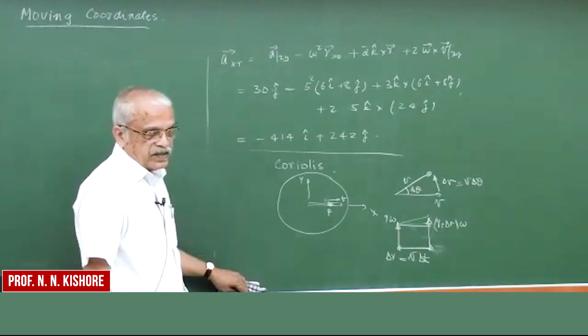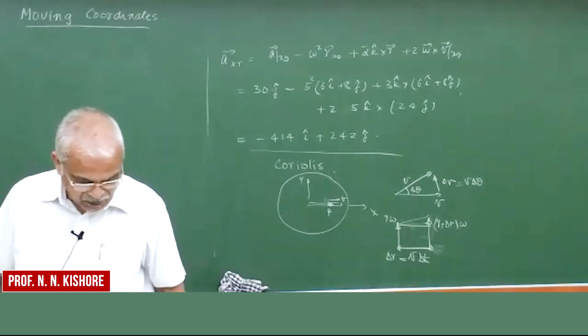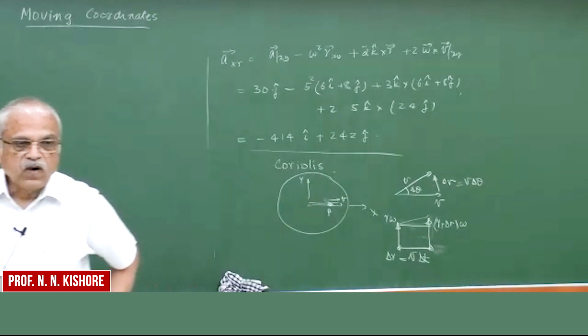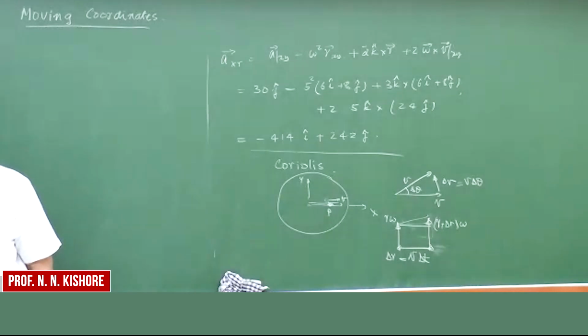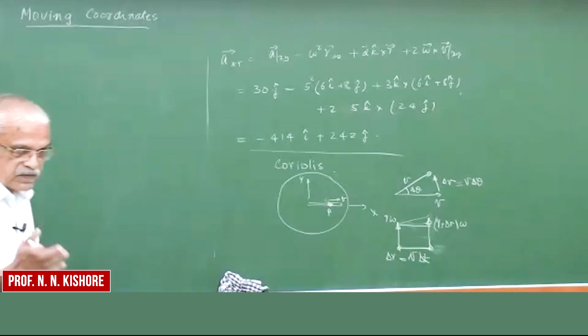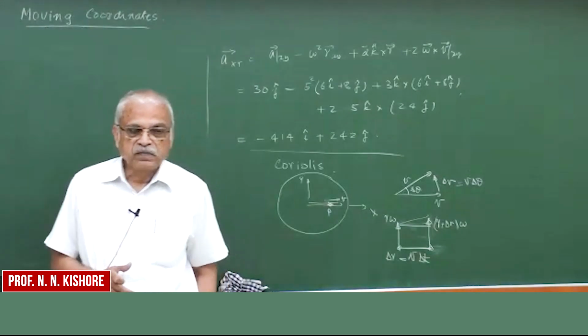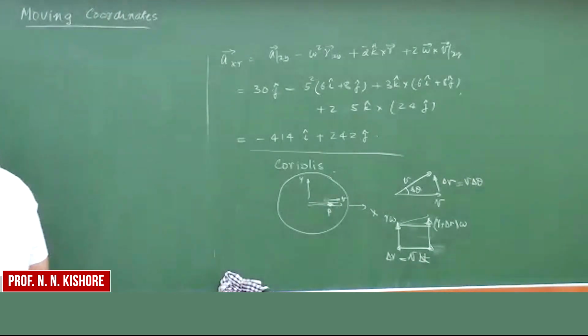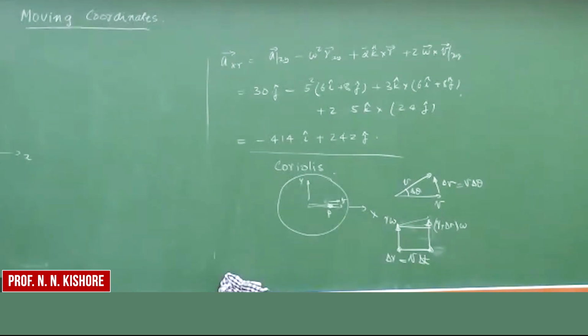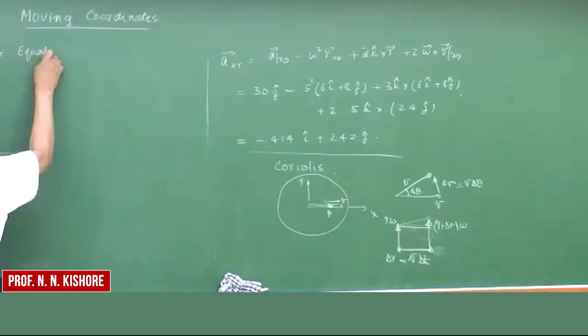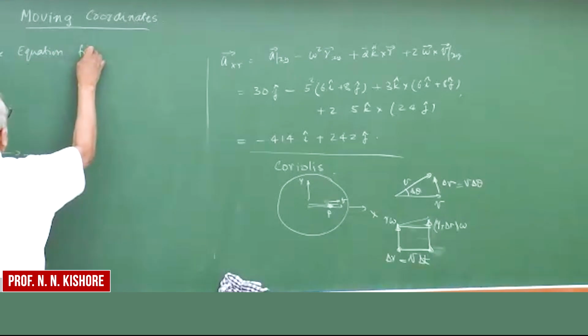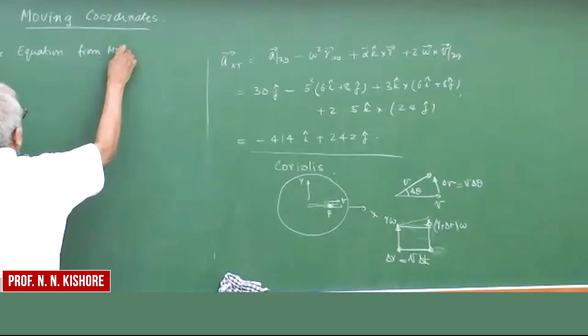There's also another thing, very interestingly: the formula which you have derived, the polar coordinate accelerations, I said that they're quite similar. But the polar coordinates itself in 2D, can we derive the polar equation from moving coordinates?